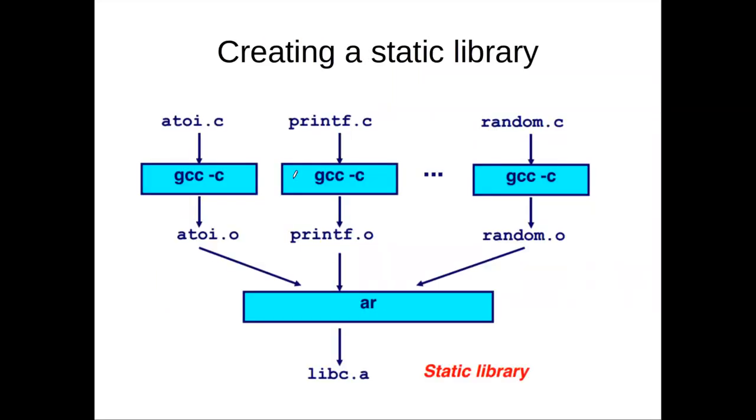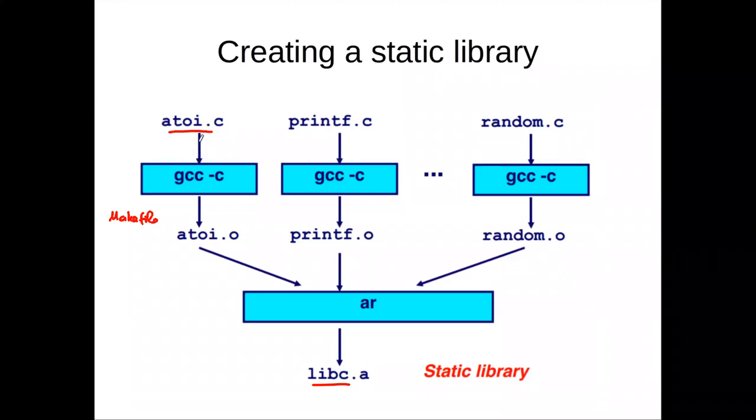So for example, how do you create a static library? Well, you're a developer who develops a library, for example the libc library. You use your compiler for each C file, because you will use something like a makefile and the make tool to compile those files automatically. But in the end, the compiler is invoked on each file individually.